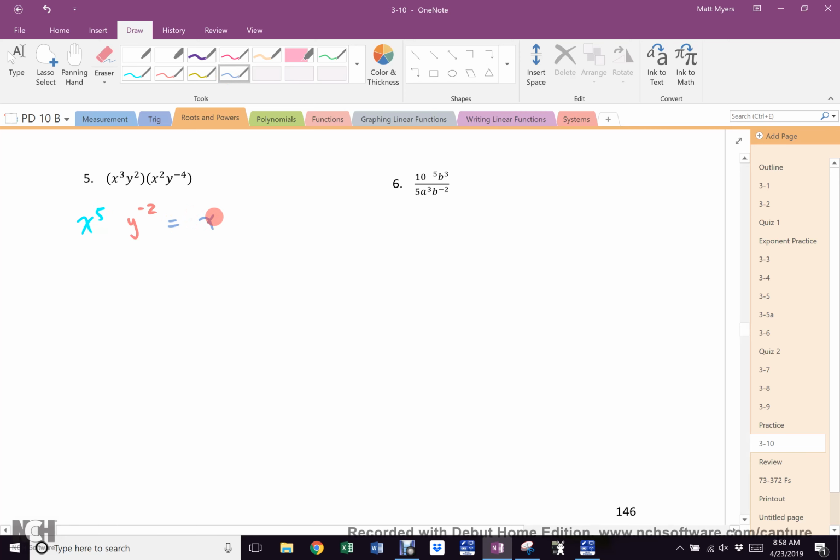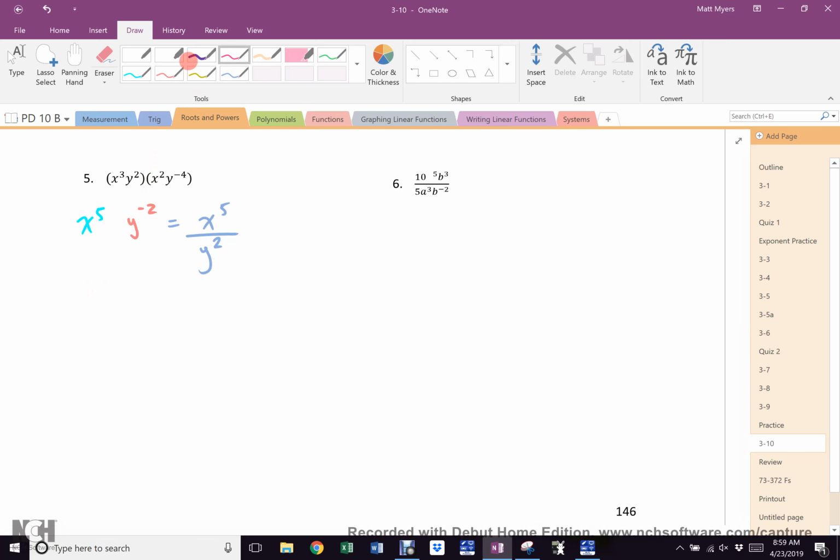So, x to the 5th is okay. Y squared has to go to the denominator. Now, a lot of students have a lot of trouble with that. They just say, I don't get it. So then I show them why it works. And that makes them even more scared. I'm going to show you why it works.